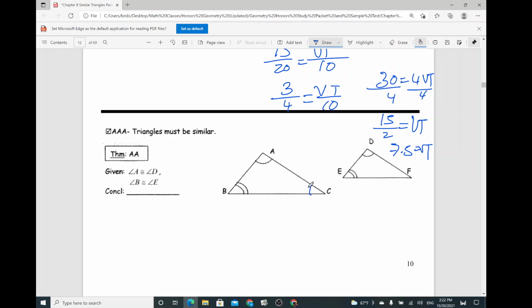Because we can use the third angle theorem to figure out that the third pair of angles has to be congruent as well. So if angle A is congruent to angle D and angle B is congruent to angle E, therefore triangle ABC is similar to triangle DEF.